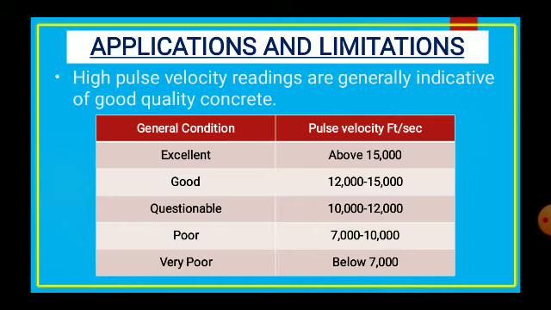So, nakita natin na the higher the pulse velocity, naka-feet per second kasi yan. So, kung mataas yung readings niya, it means maganda yung condition ng concrete. So, pag mababa, very poor na yan.